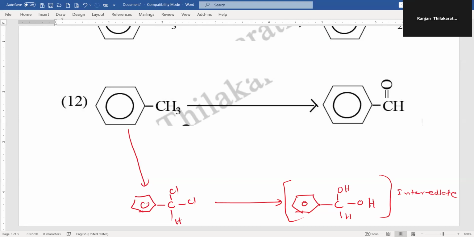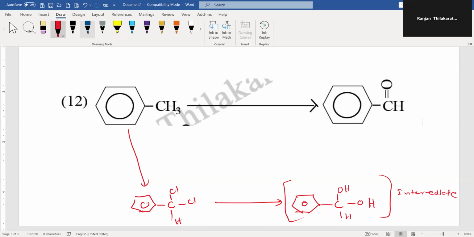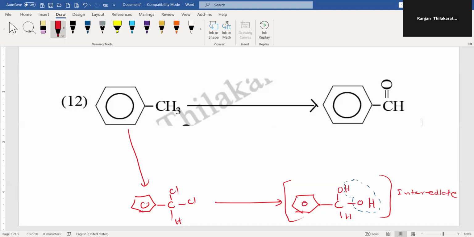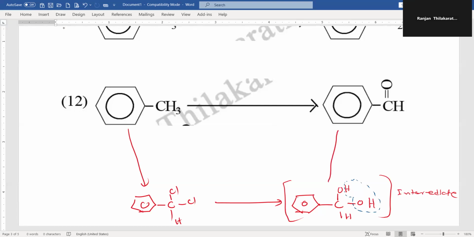Therefore, it will remove a water molecule like this and convert into this product. It is called rearranging of that. So you will get this. Right? So that will be the product.